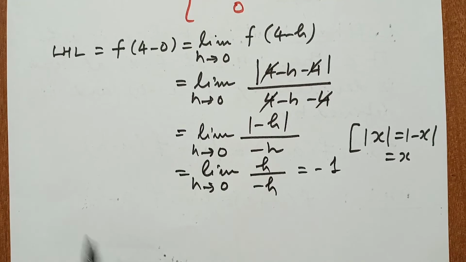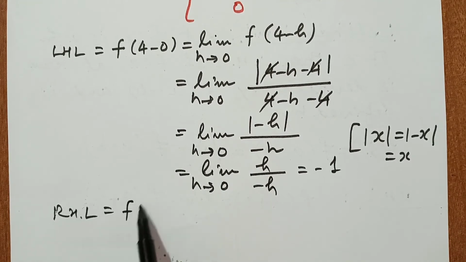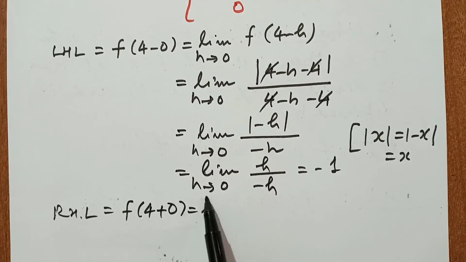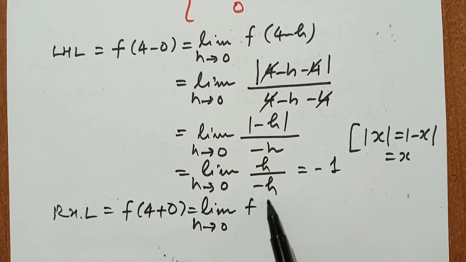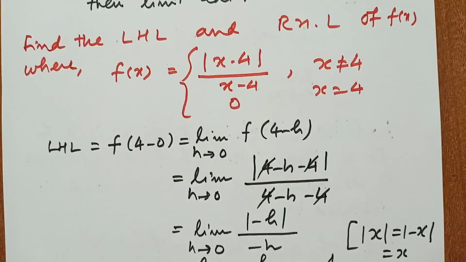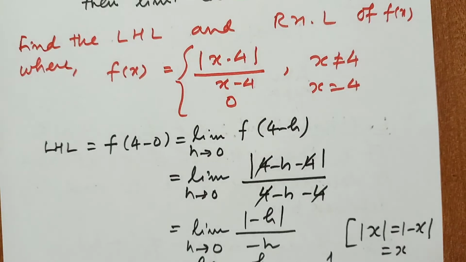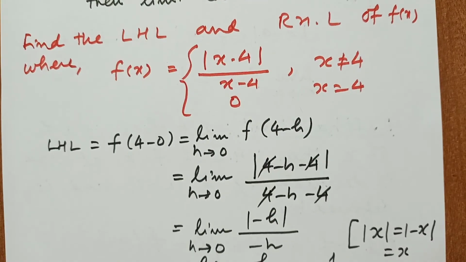Similarly, the right hand limit. What is the right hand limit? The notation for the right hand limit is f(a plus 0), which is equal to limit h tends to 0 f(a plus h). By definition of the given function, we put in place of x 4 plus h.